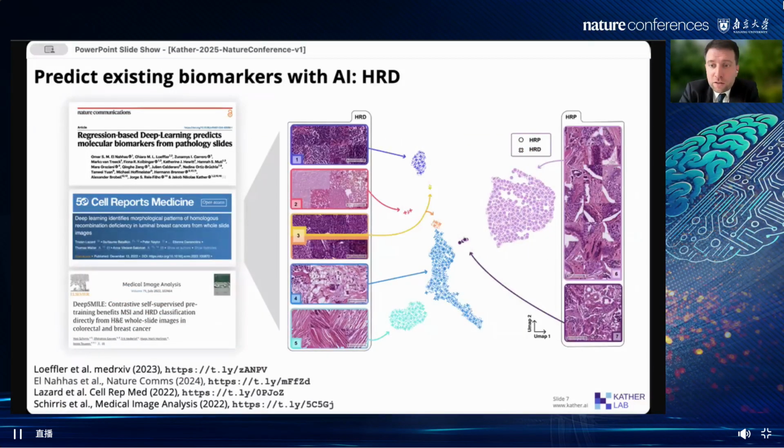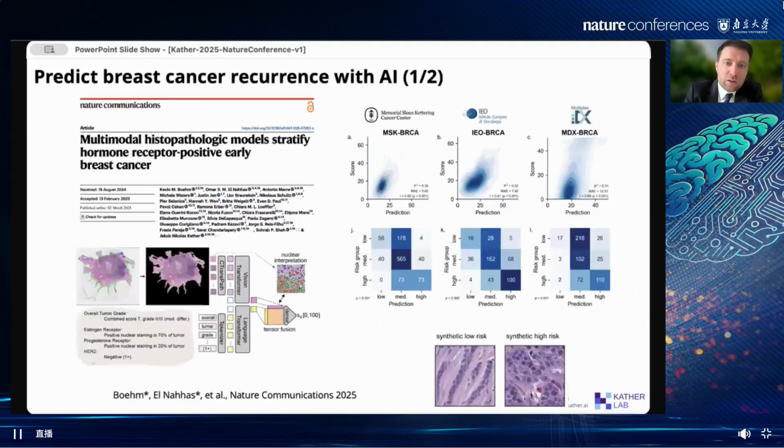There are many other biomarkers that you can also predict with this approach from pathology slides, and one of them is homologous recombination deficiency. That's another biomarker that occurs across multiple cancer types that we can detect with deep learning based on these images alone.